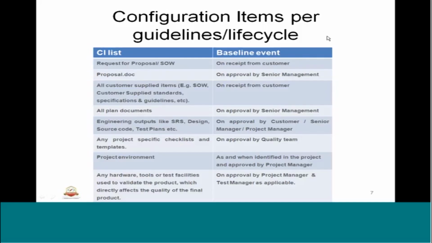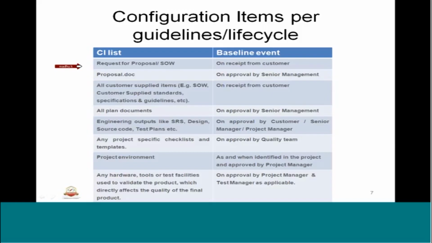I picked up a few examples from a typical embedded industry. When we get an outsourced embedded software testing or embedded software development project, what we do is first get the proposal, the contract, or the statement of work.